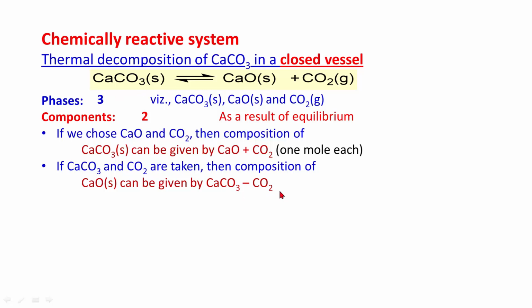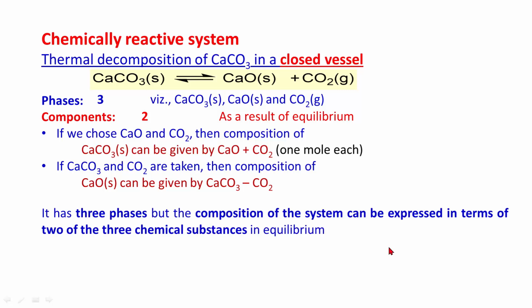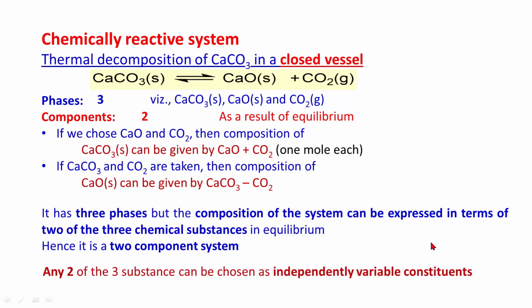carbon dioxide. It has 3 phases, but the composition of the system can be expressed in terms of 2 of the 3 chemical substances in equilibrium. Hence, it is a two-component system. Any two of the three substances can be chosen as independently variable constituents.